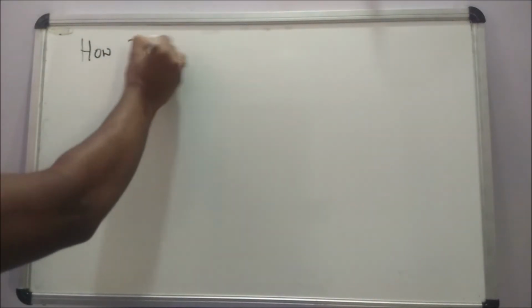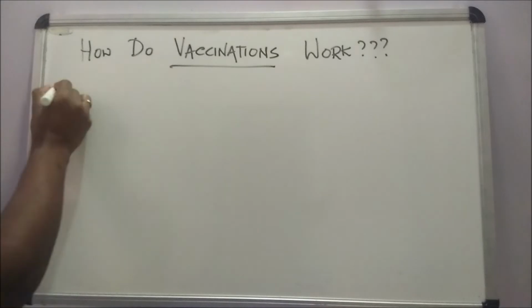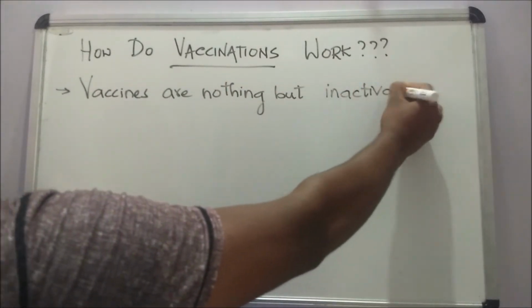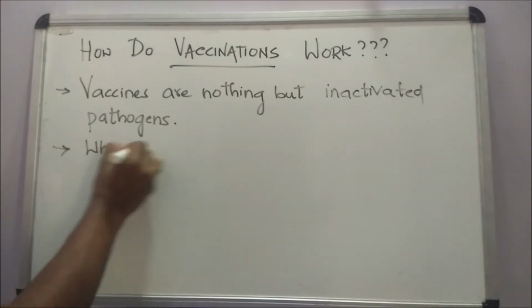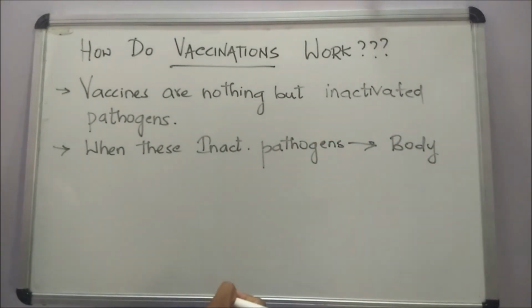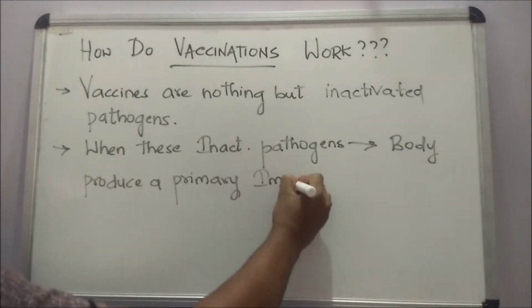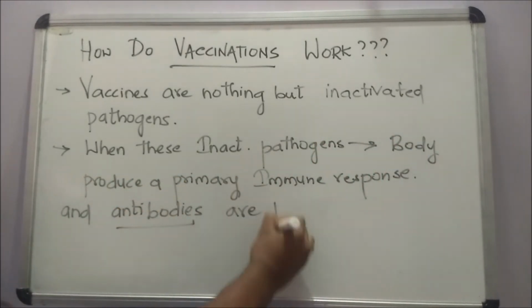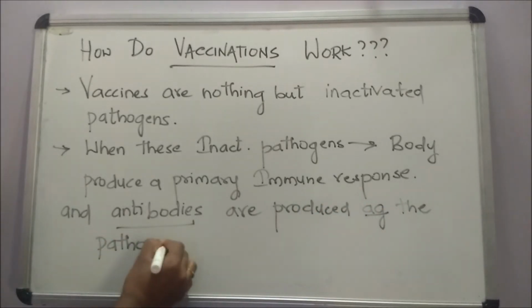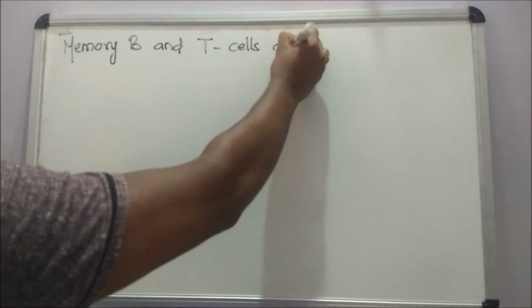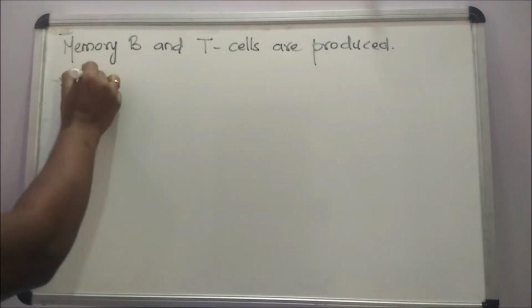Now, let's learn about how vaccination helps. Vaccines are nothing but inactivated pathogens. These inactivated pathogens, when introduced in the body, produce a primary immune response and antibodies are produced against the pathogen. Here there are two types of cells produced: memory B and T lymphocytes.